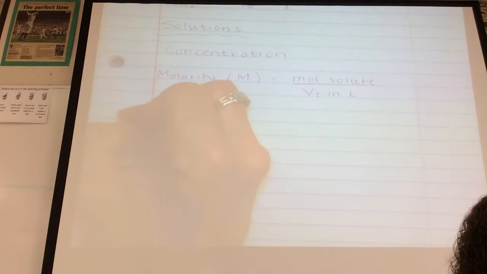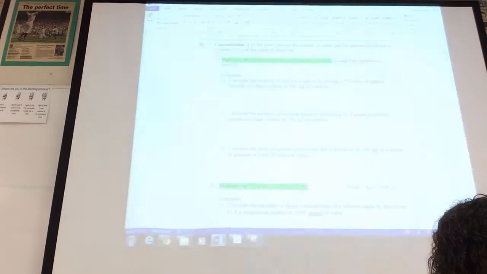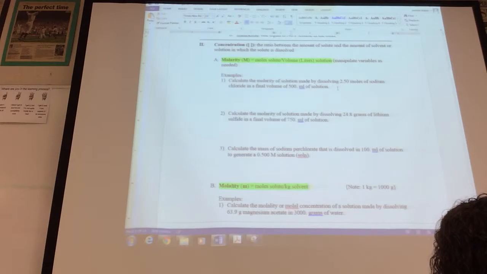All right, in the first example, and I'll come back to the screen, don't panic. It says calculate the molarity of a solution made by dissolving 2.5 moles of sodium chloride in a final volume of 500 mL. So you're looking for the molarity.